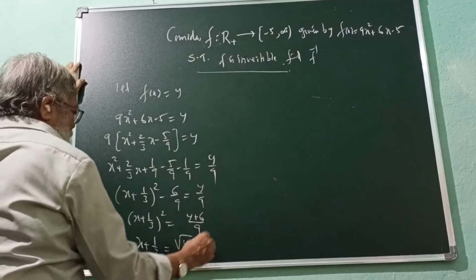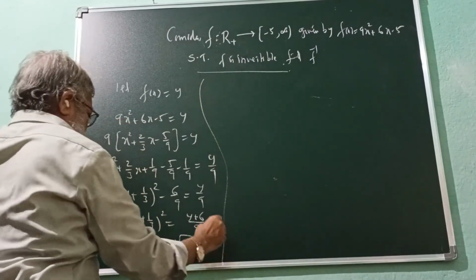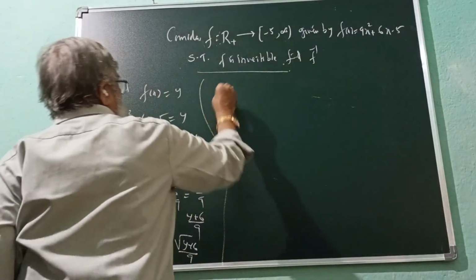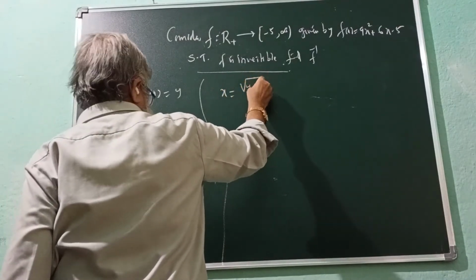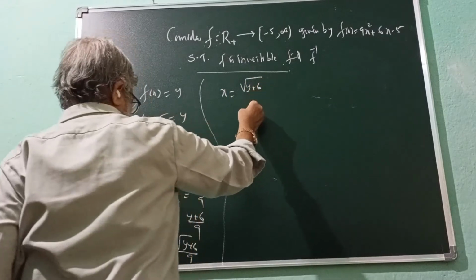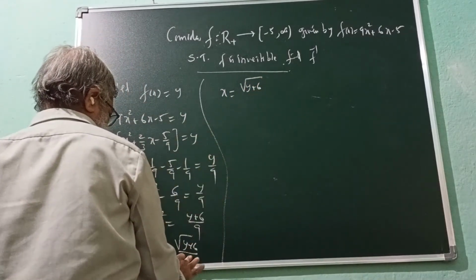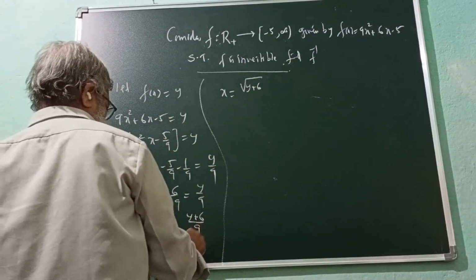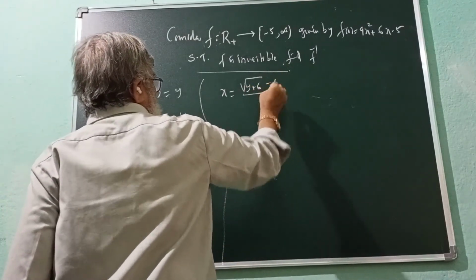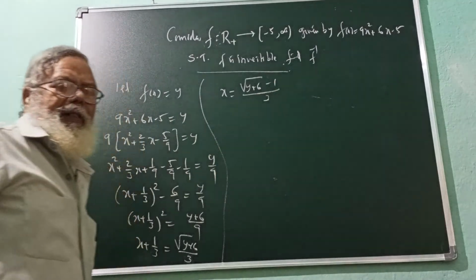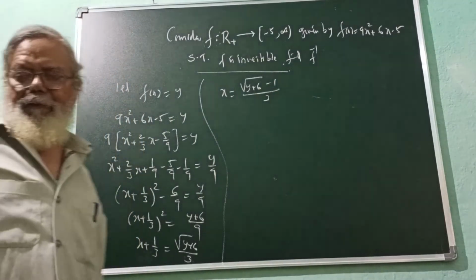Therefore, we can write x is equal to under root y plus 6, minus, after taking the root, this will be 3 here, and this one will be 1 by 3. Now we get the value of x. After that, we define what g is here.